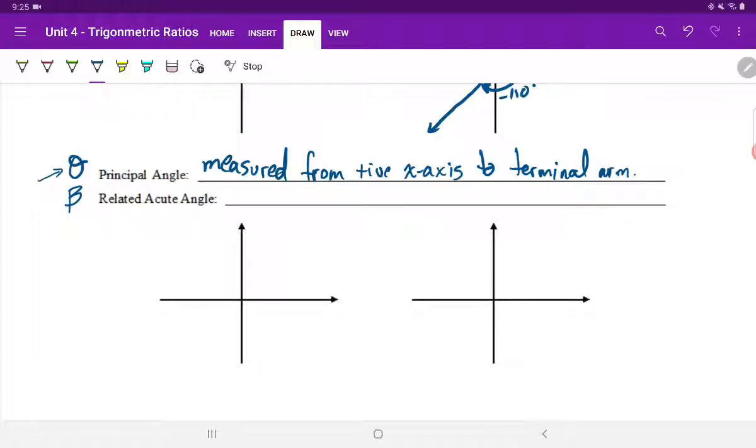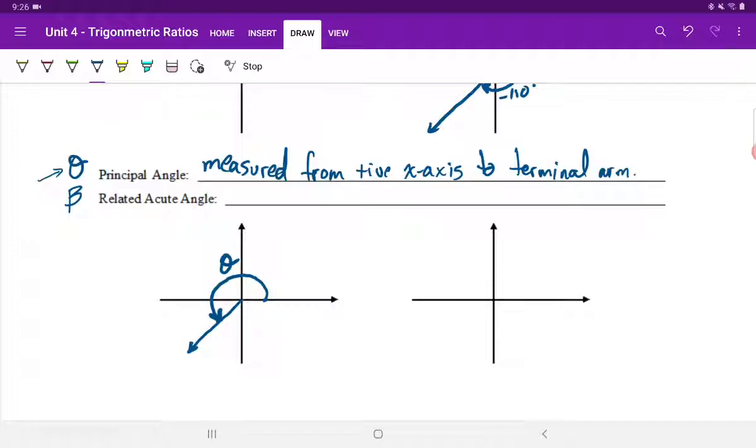Here's what I mean by that. Suppose I have a terminal arm down here. The principal angle is measured from the positive x-axis to here. That is what's called theta. We've already talked about some of those examples, but now I'm going to be referring to them from now on as the principal angle.